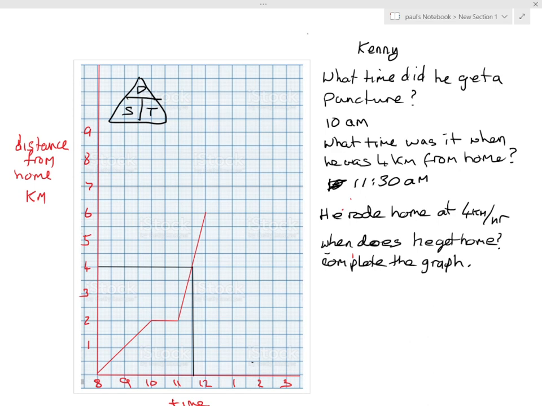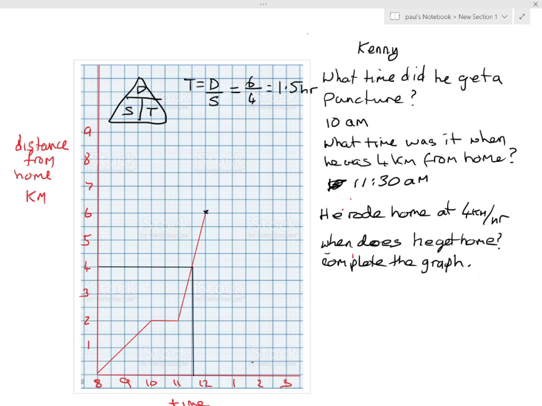We know the speed and we know the distance, so we need to know the time. So the time equals the distance divided by the speed. The distance from this point all the way home is 6 kilometers, and the speed is 4 kilometers an hour, so that will equal 1.5 hours, or 1 hour 30 minutes.